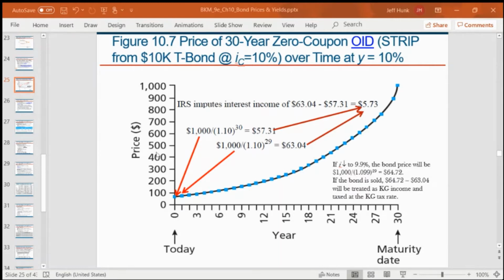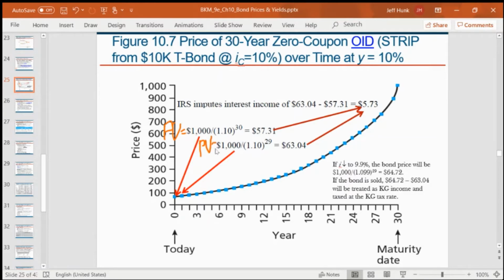So these are the present values of that zero coupon bond, and also this is a present value, but with 29 years left.